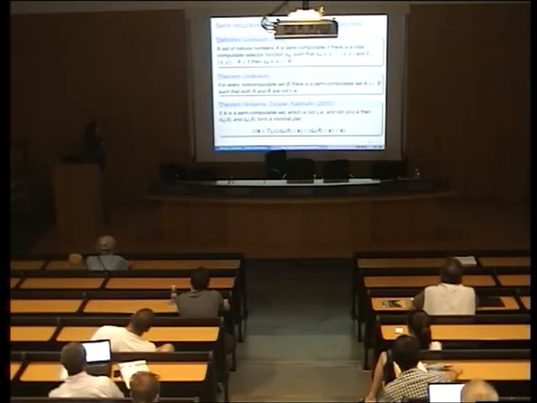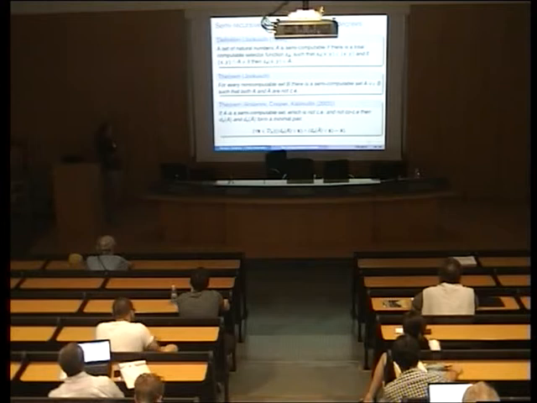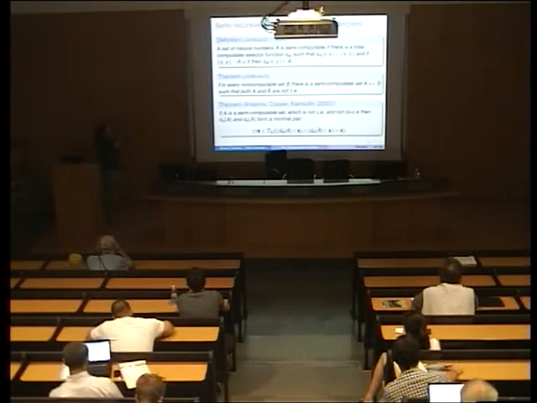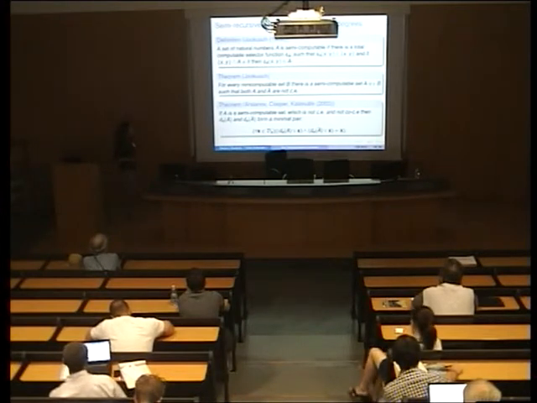For every enumeration degree X, if you join X with the degree of A and with the degree of the complement of A, then these two are a minimal pair above X, so their greatest lower bound is X. They form a minimal pair in a very, very strong sense.